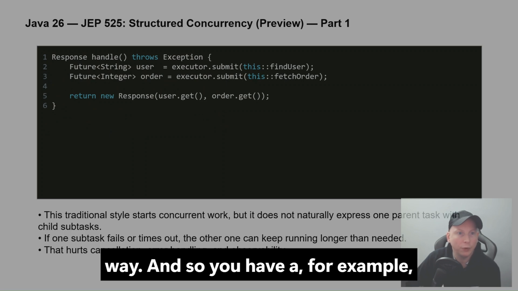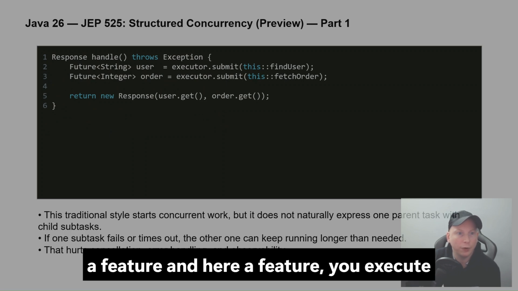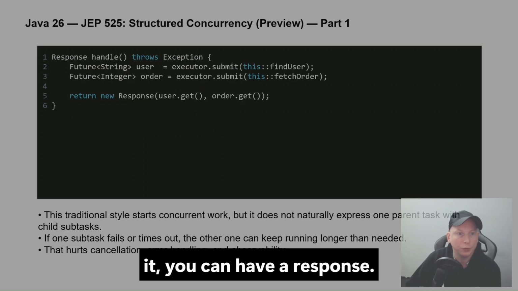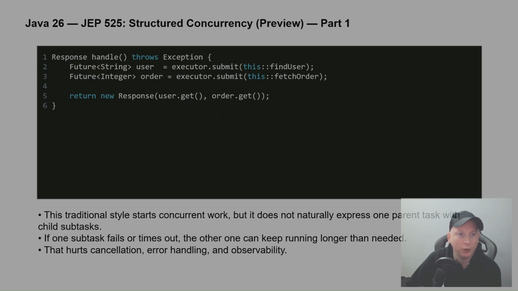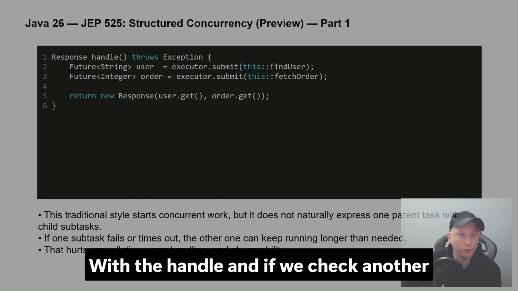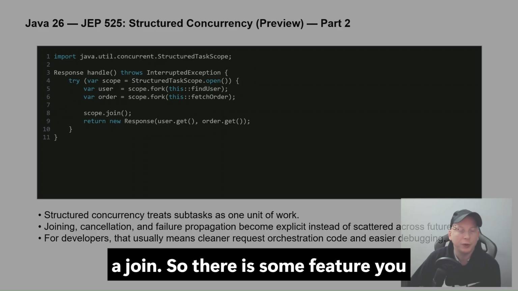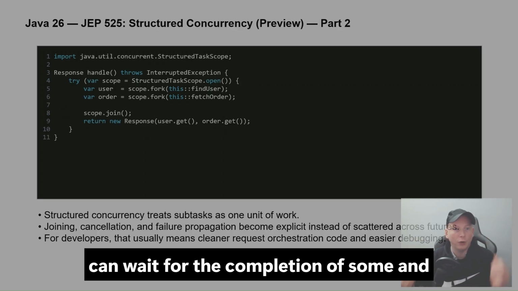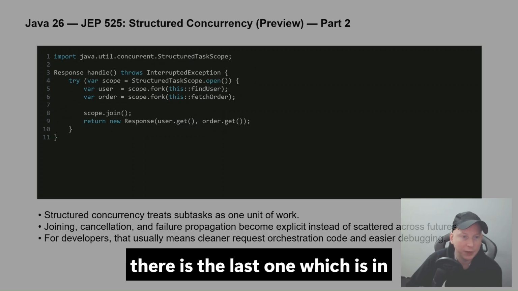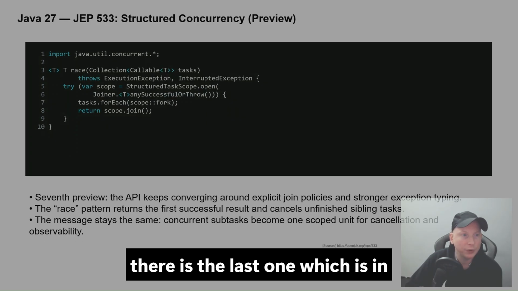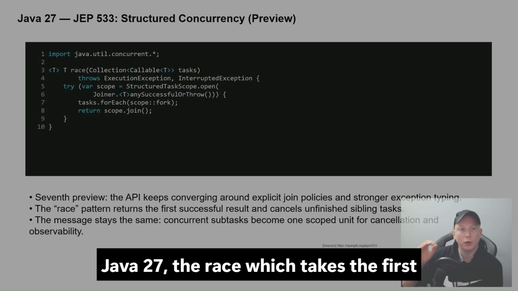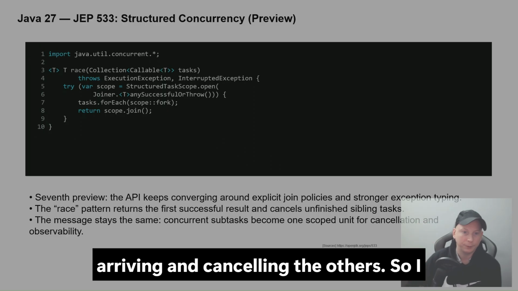So you have for example a future, and here a future, you execute it, you can have a response with the handle, and if we check another one, here it is the same, you have a join, so there are some futures you can wait for the completion of. And there is the last one, which is in Java 27, the race, which takes the first arriving and cancels the other.